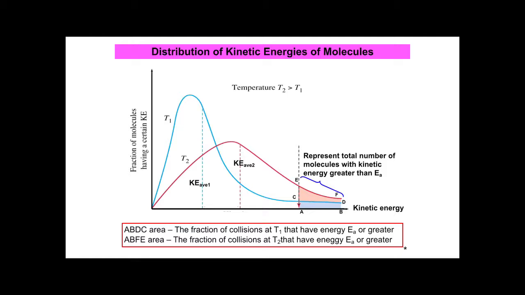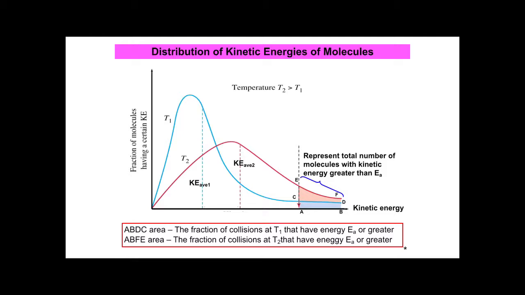Then you compare. As shown in the video, the area ABCD is the fraction of collisions that have energy greater than activation energy for temperature T1. But for temperature T2, the area ABFE is the fraction of collisions that have energy greater than activation energy.